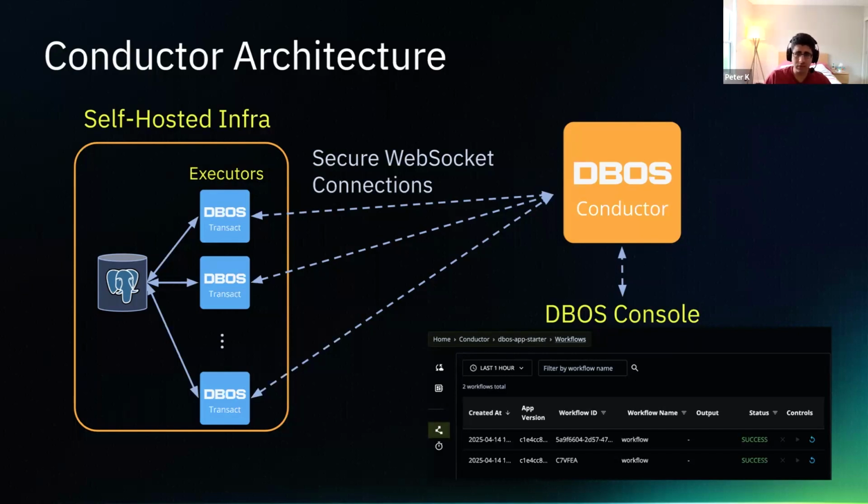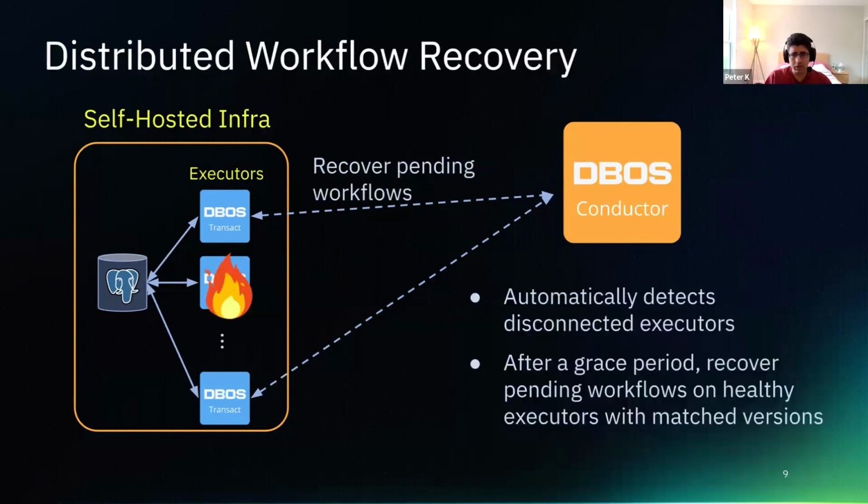So the way recovery works, for example, is that because Conductor has a WebSocket connection to every one of your executors, if one of those executors disconnects, maybe the server restarted, maybe it crashed, maybe it failed for whatever reason, then Conductor immediately notices the disconnection and waits out the grace period.